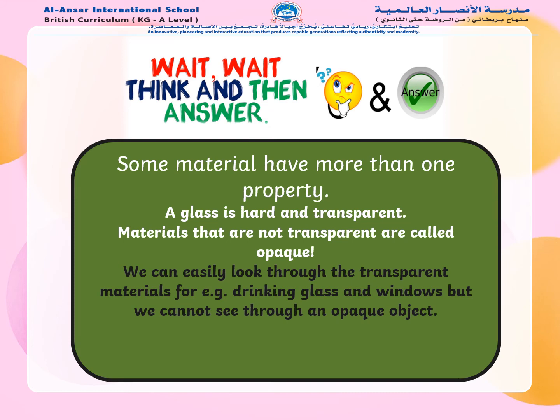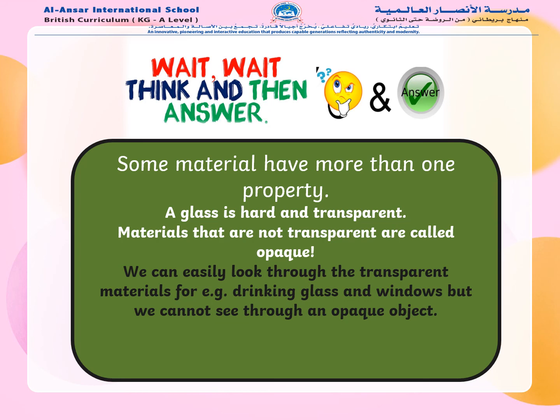It will break easily. Anything that breaks easily is fragile. So, some things that are made out of glass have lots of properties. They are even opaque. There are many materials around you with more than one or two properties.